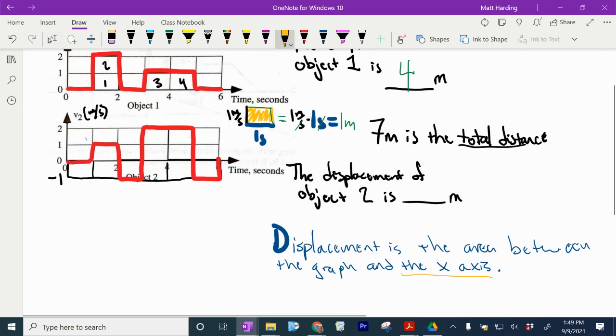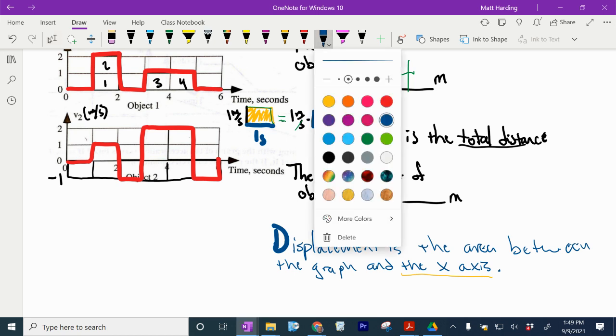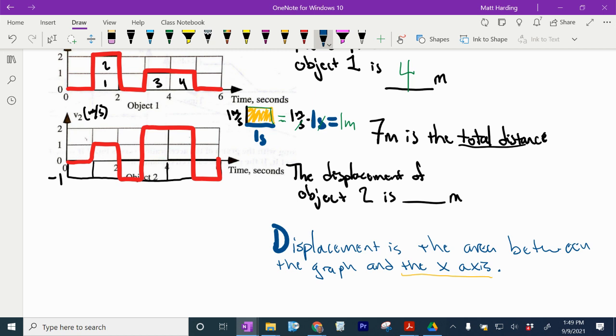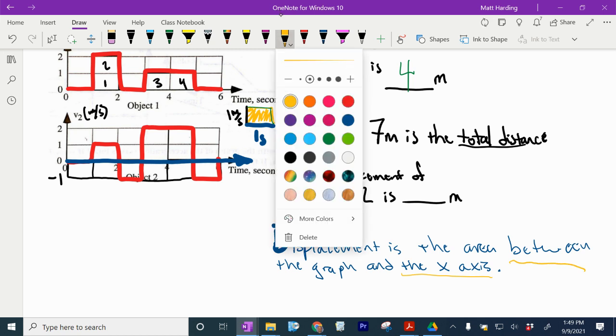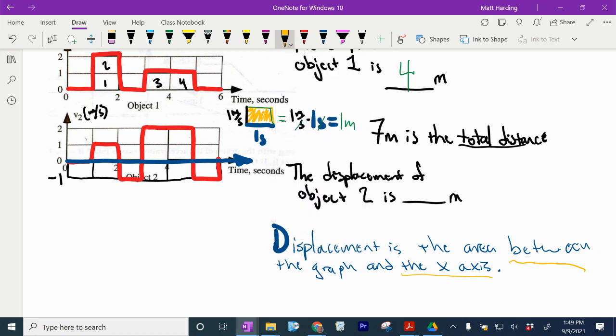That needs to be one of the first things you do when you're looking at one of these velocity-time graph problems, is try to very clearly establish the x-axis. Okay, it goes through at 0, 0. And then the next important terminology here is between. I want to only focus in on the areas that are between that graph and the x-axis.